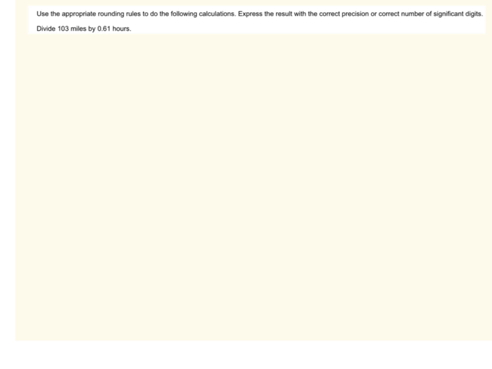Okay, here we have another problem sent in from one of your classmates, and it says use the approximate rounding rules to do the following calculations. Express the results with the correct precision or correct number of significant digits. So here's the problem. Divide 103 miles by 0.61 hours.